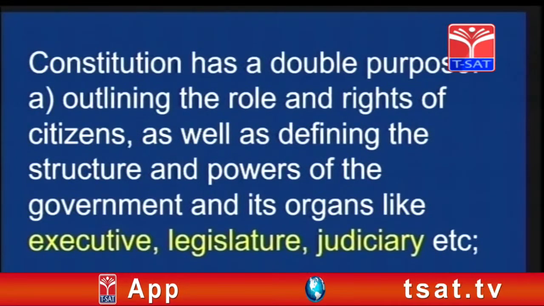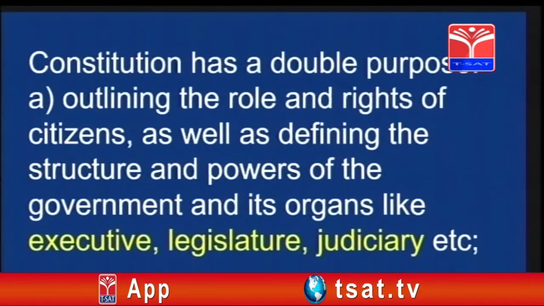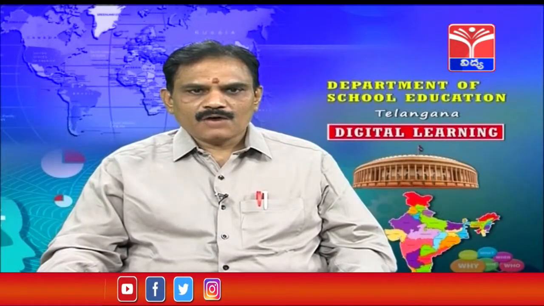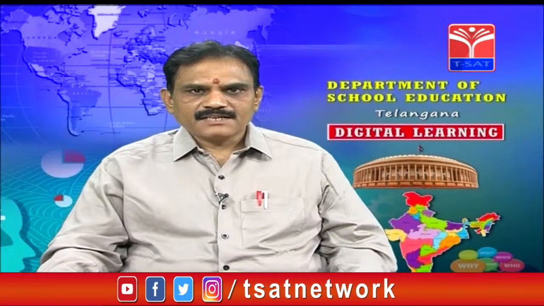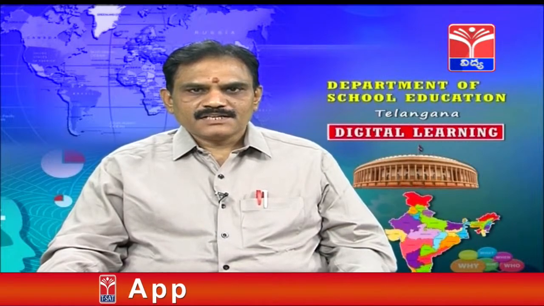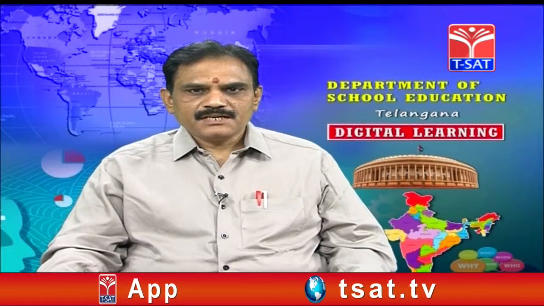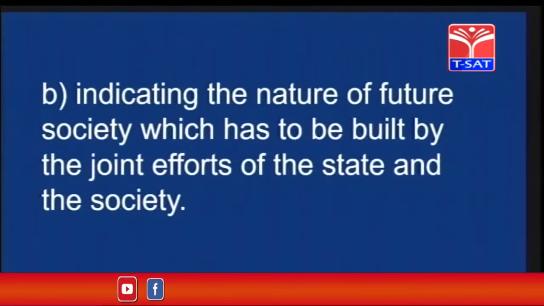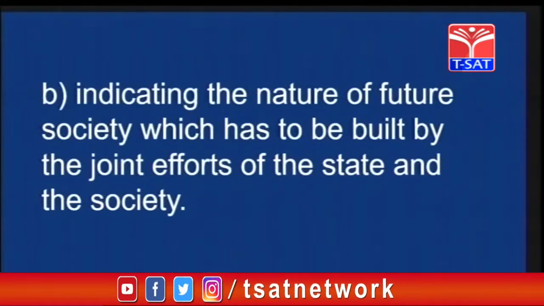The first is outlining the role and rights of citizens as well as defining the structure and power of the government and its organs like executive, legislature, judiciary, etc. The second purpose is indicating the nature of future society which has to be built by the joint efforts of the state and the society.